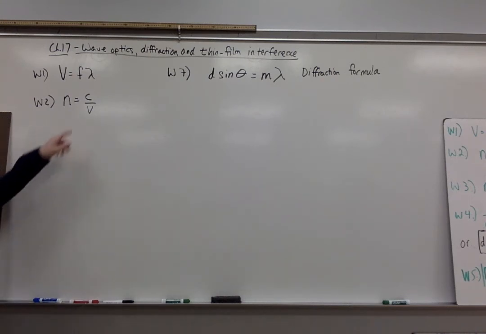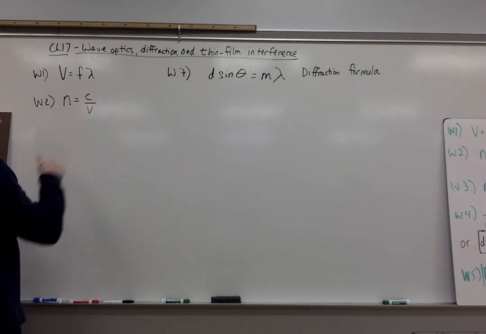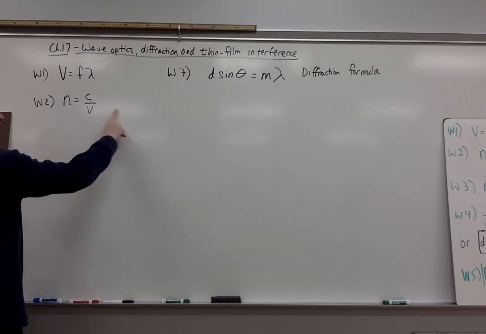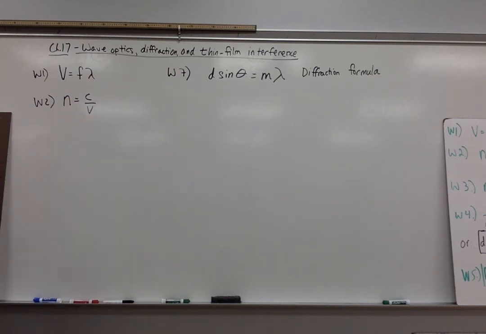And as this ratio goes up, this can't change. Speed of light in a vacuum is constant, but the speed in different substances goes down. So same value divided by a smaller number gives us a bigger number over here. And that just tells us the ratio of those speeds. It also affects how things refract, which is discussed in chapter 18.